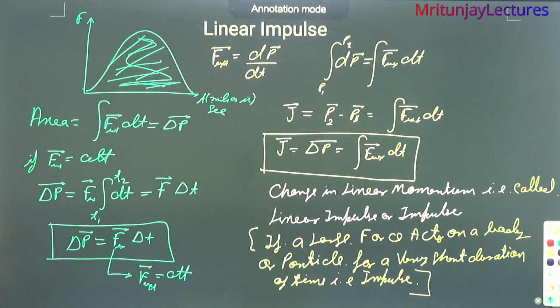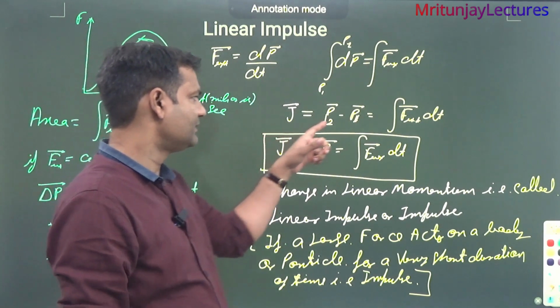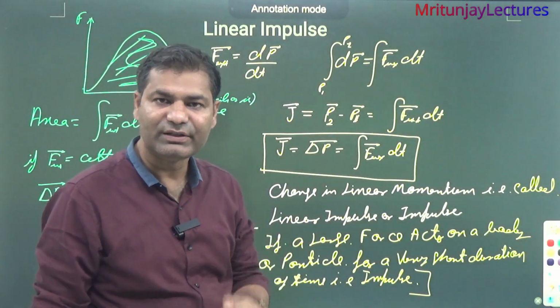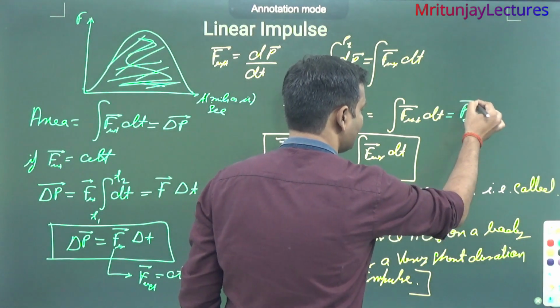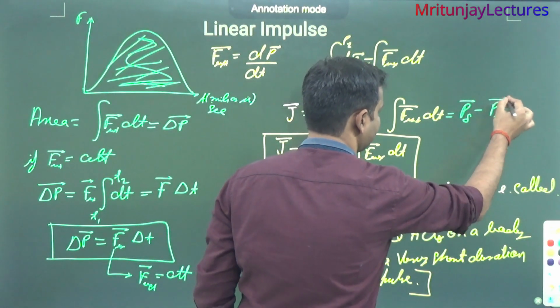P2 is the final linear momentum and P1 is the initial linear momentum. It is also written as P final minus P initial.